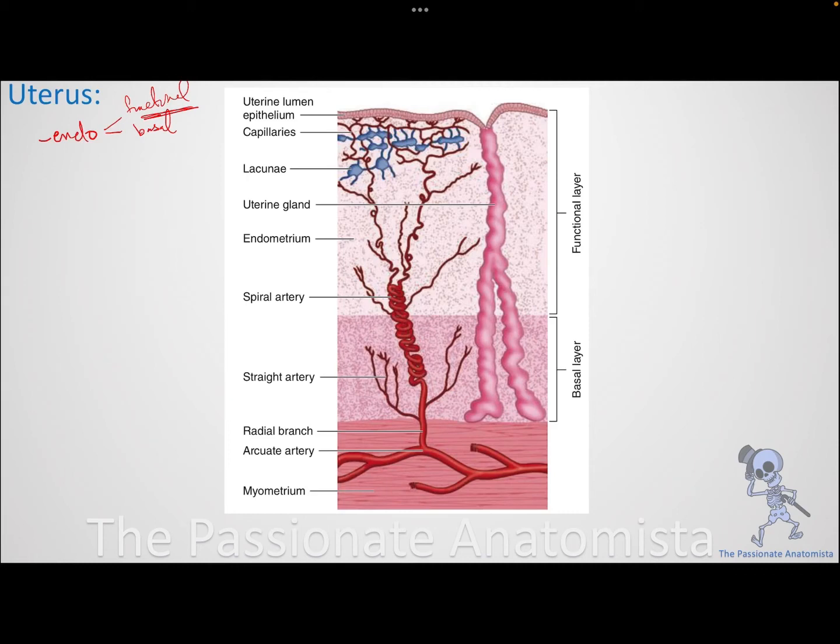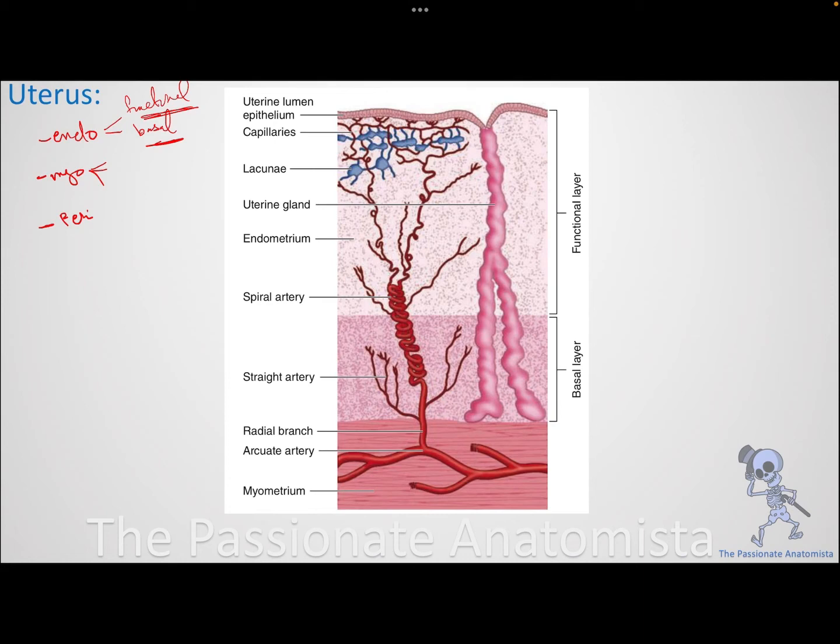If I don't need it, it means there is no baby, I'm going to shed that layer. But basal is the basis of that endometrium, so it should always be there. And then I have the myometrium, which is the three muscle layers of the uterus, the next layer.